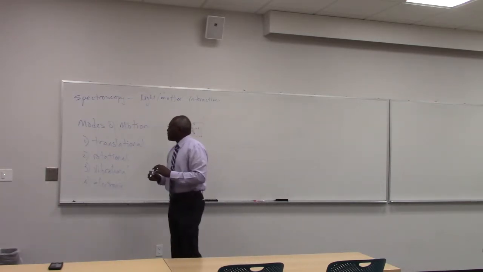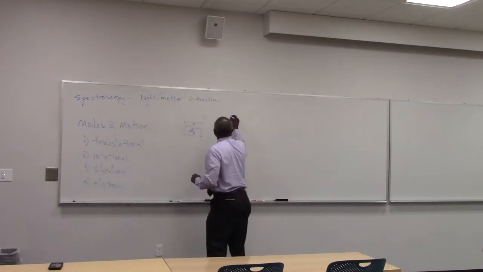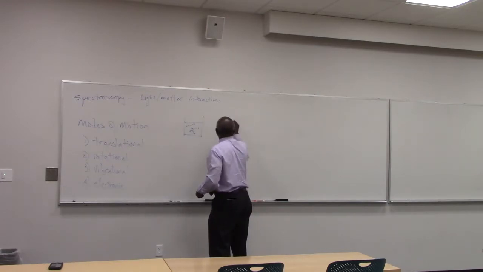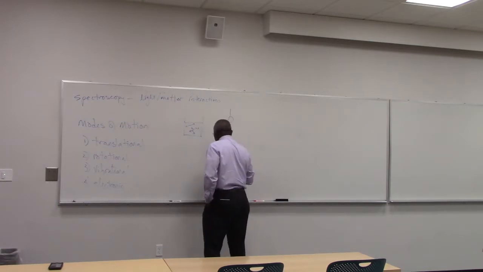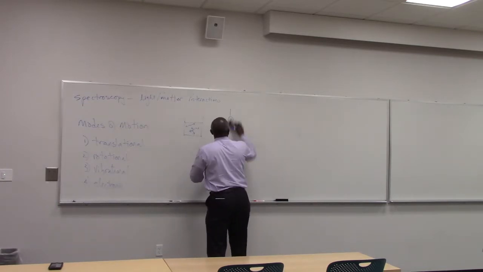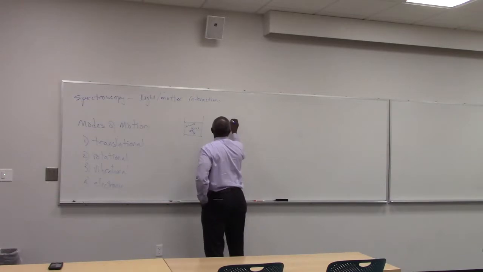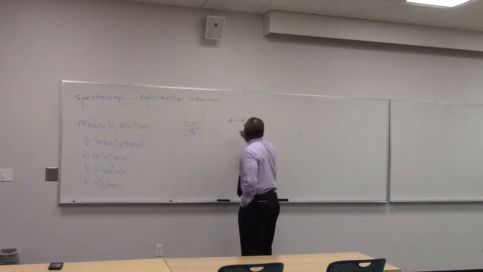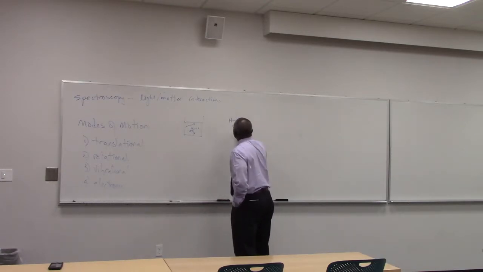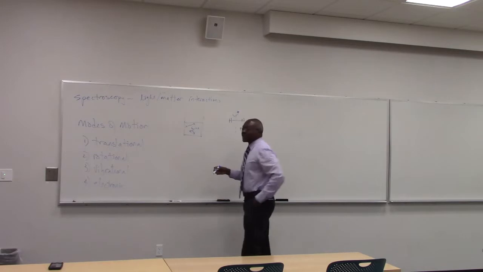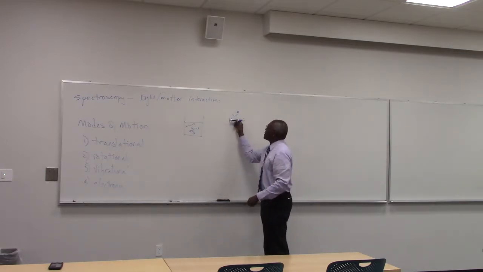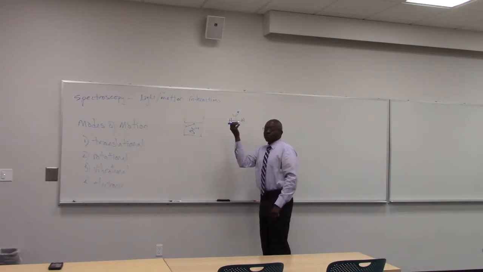Rotation involves the movement of a particle about an axis. For example, if I have a molecule like hydrogen, an H2 molecule, I might consider that the molecule can rotate about that axis, and when it does, it will tumble out of the board like this. That's a rotation.